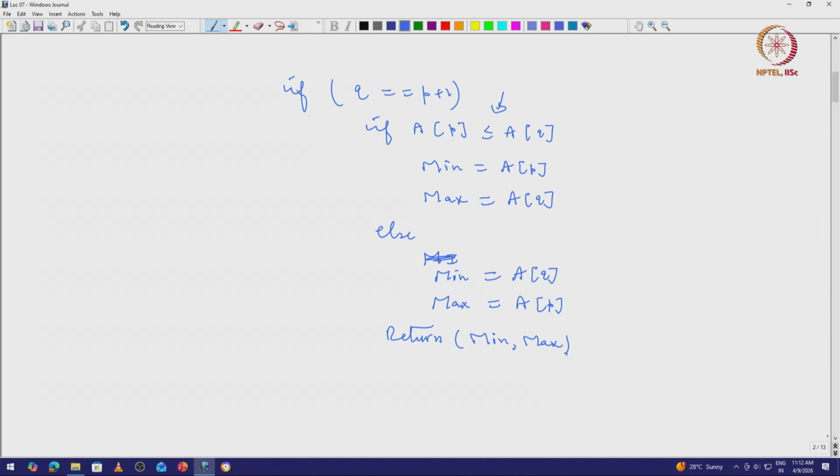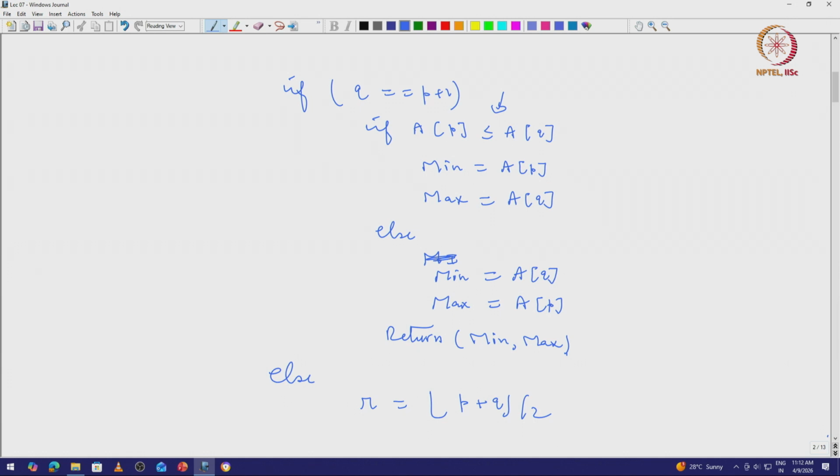When you are working at 1, apply the base case. If it is more than 2, divide and conquer. So what would you do? Else, you are going to have r equal to floor of (P plus Q) by 2. R is the middle value, and we use the middle value to split.